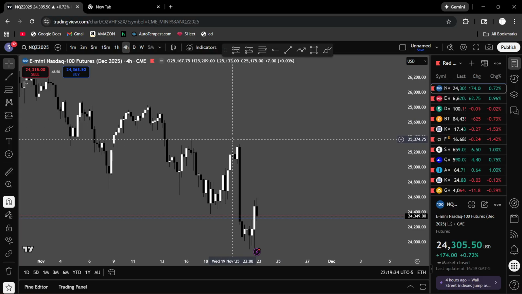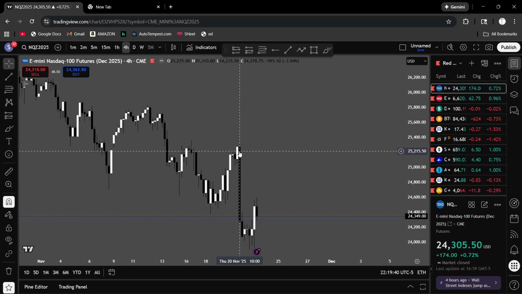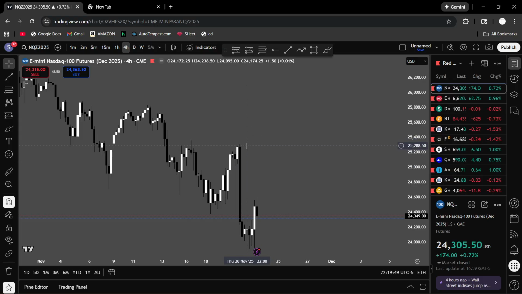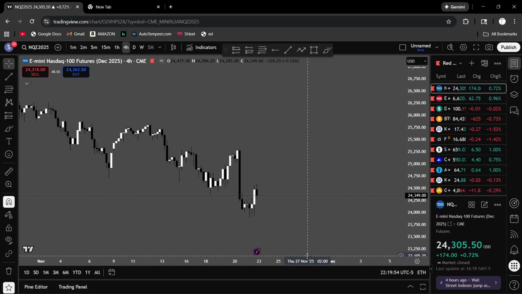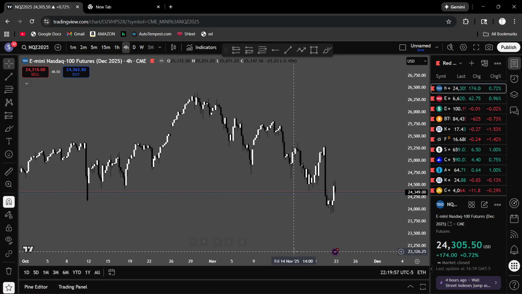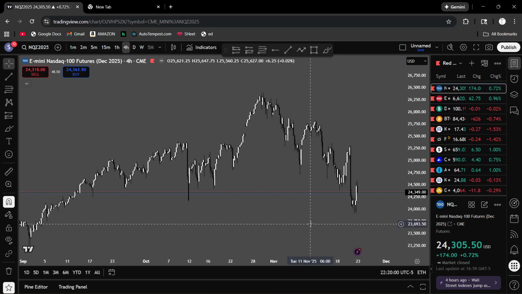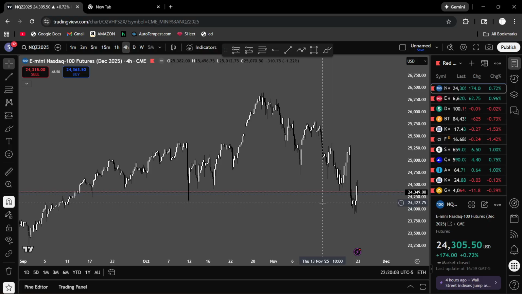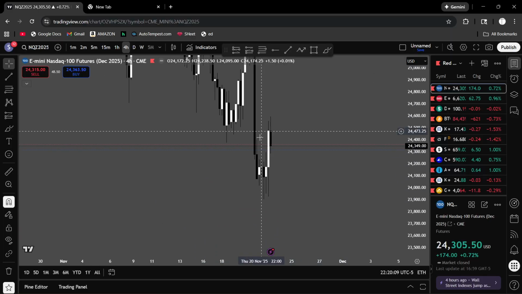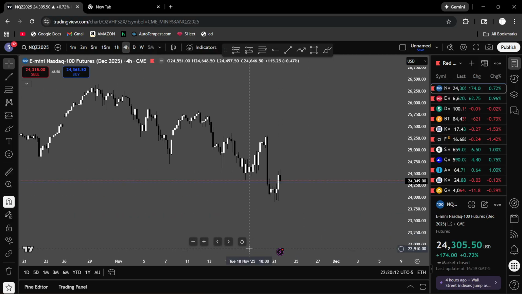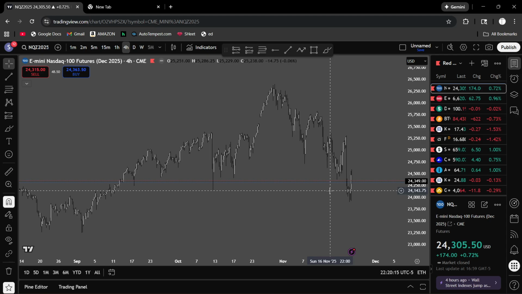So, for instance, if we know that there are a lot of orders placed at this high, and a large bank or institution needs to place an order worth billions or hundreds of millions of dollars, it's going to move price significantly. So it needs that liquidity in order to execute their order. That will tend to move the market, and that's why you will tend to see large reactions off these highs and lows being swept. Obviously not instantly, but more often than not, you will see a reaction once there is some form of liquidity being swept.